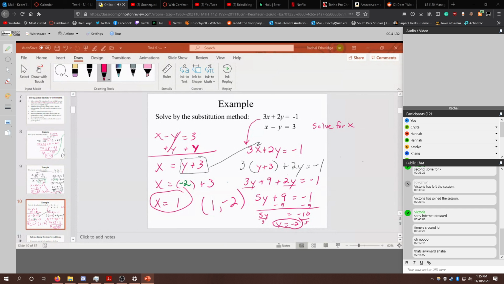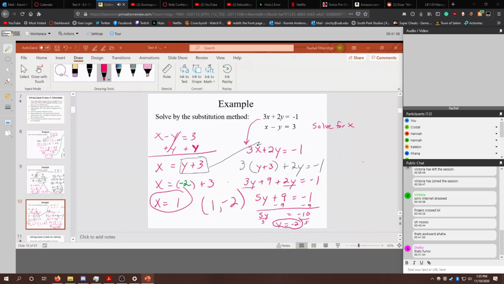Okay, so y'all tell me if you need some more examples with substitution, or if y'all are okay with the substitution. I'm going to do elimination or addition next, so I just need to make sure y'all are okay with what we've done so far with substitution.